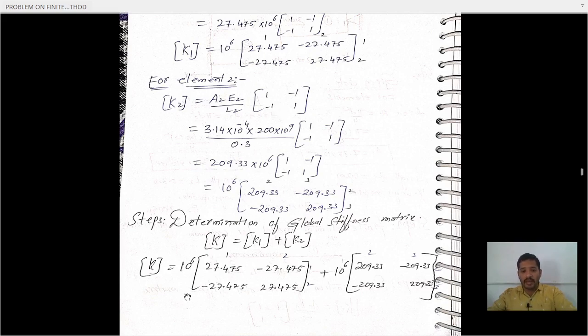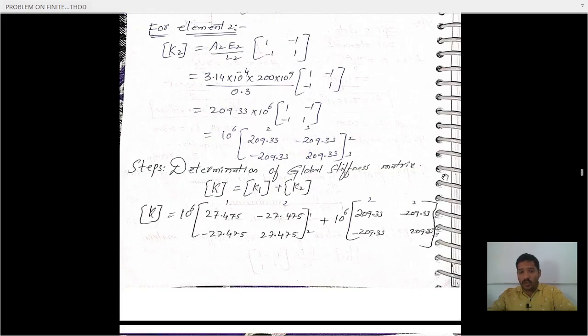For the first element, it is 10 power of 6 times 27.475, minus 27.475, minus 27.475, and here also 27.475 plus the K2 terms. Don't forget to represent the second node and third node.